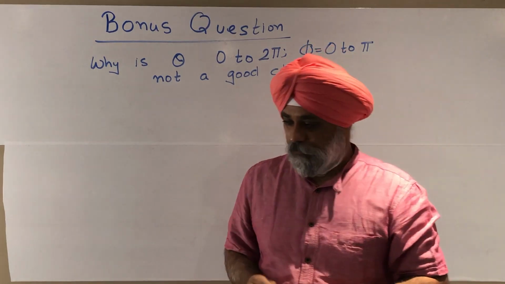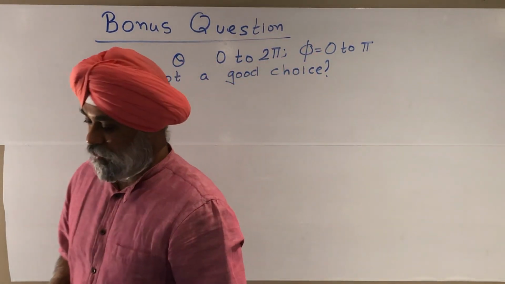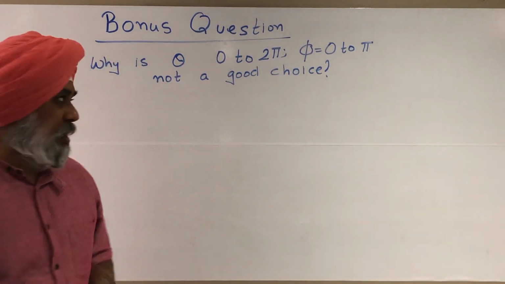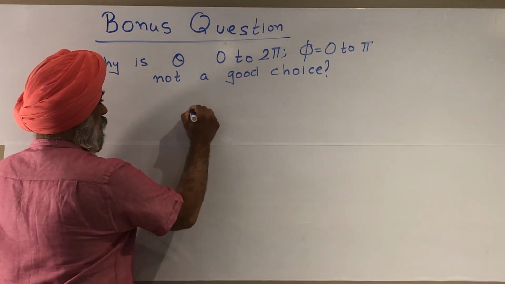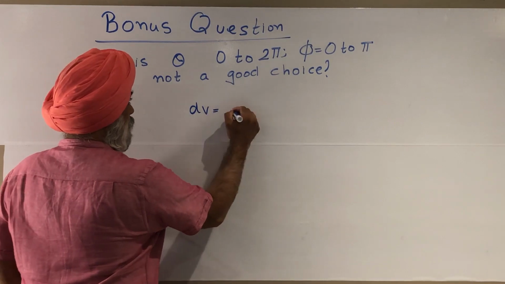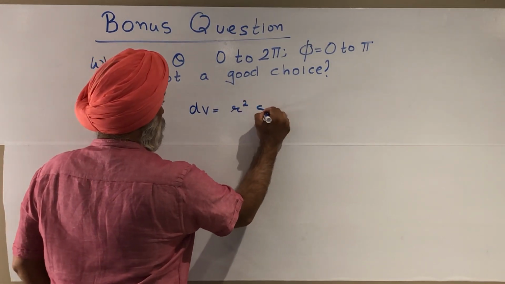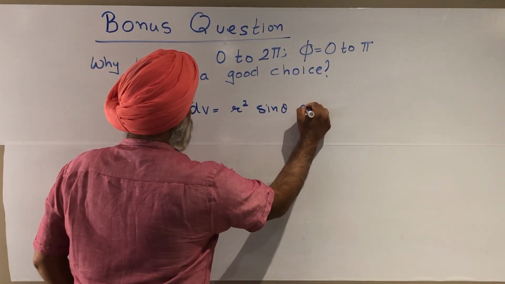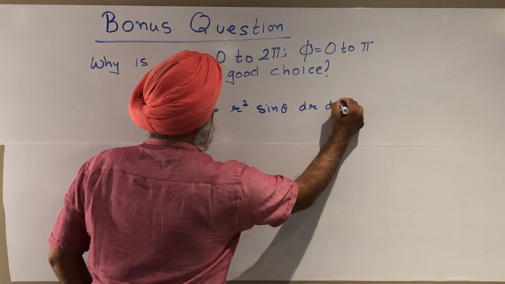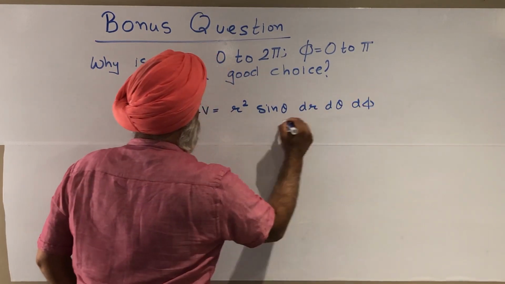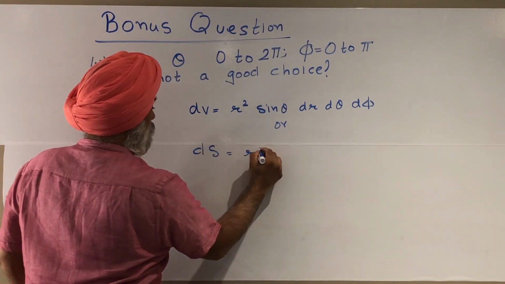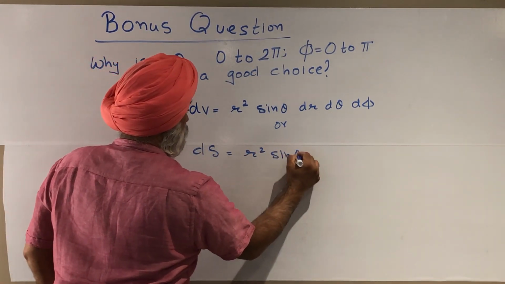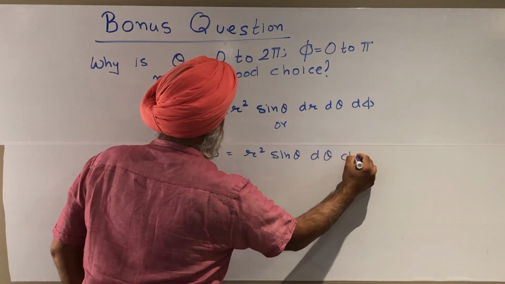What is the issue? Many of you have been sending me solutions in which you say dV is r squared sine theta dr d theta d phi, or the surface element is r squared sine theta d theta d phi.